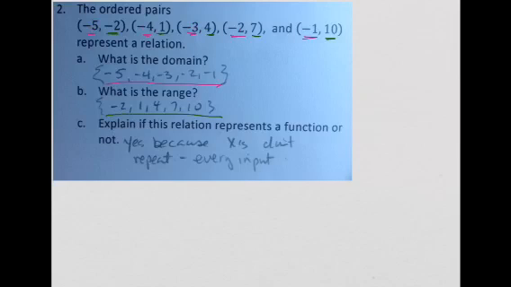So every input goes out to one output, to only one output. It doesn't go out to different outputs, so it goes out to only one, or a unique output. Okay.